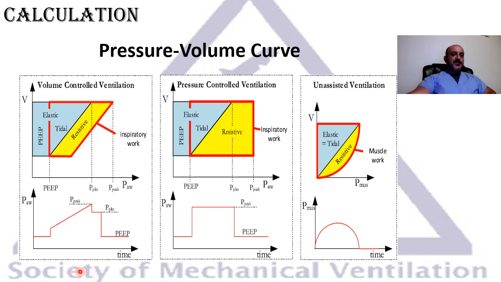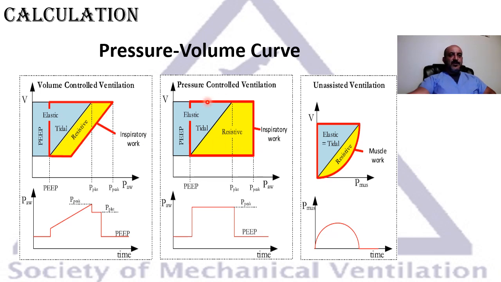We talked about this a couple of slides before, calculating it according to a pressure volume curve, and I like this figure, and I'll put the reference at the end again. On the left side here is the volume controlled mode. To the left is the elastic power, which is again divided into PEEP, the static one, and the tidal or kinetic one, and the yellow one highlighted here is the resistance.